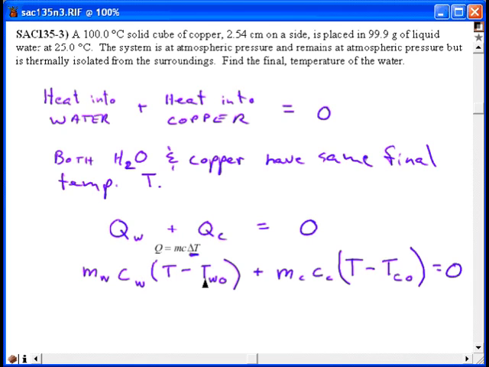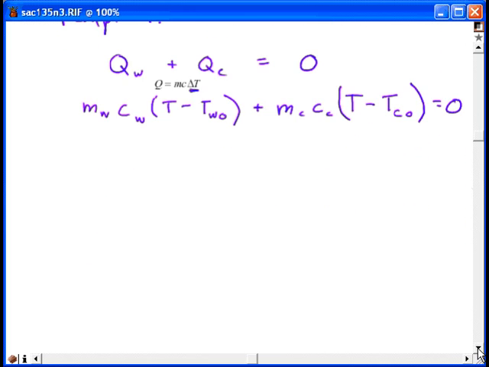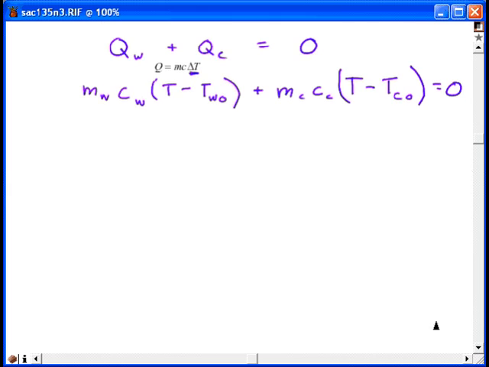This will be positive, and this will automatically be negative. Say it turns out to be 75 degrees, we'd be talking like 75 degrees minus 100 degrees. So the fact that we've got a plus sign in here with this positive and that negative makes sense that we can indeed get 0 for that. Alright, so we just have to solve this for the temperature. Let's say we've got everything.